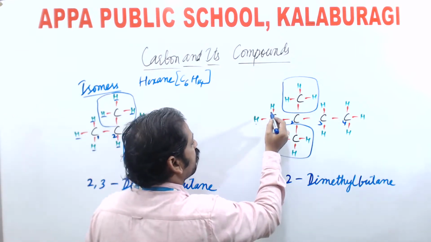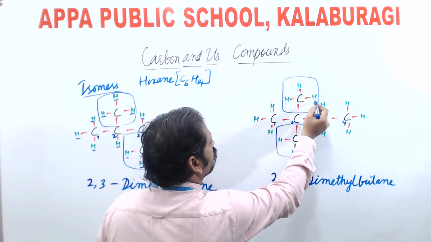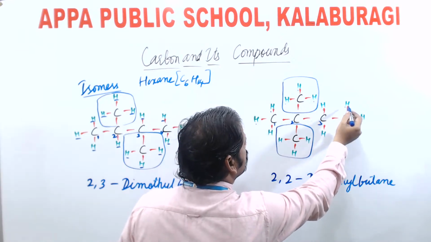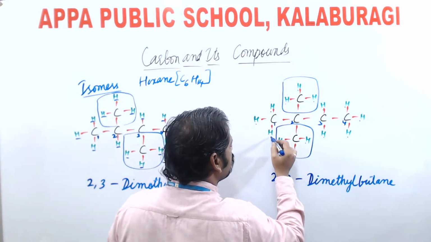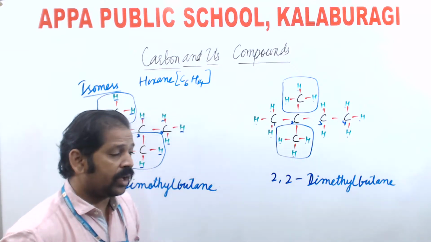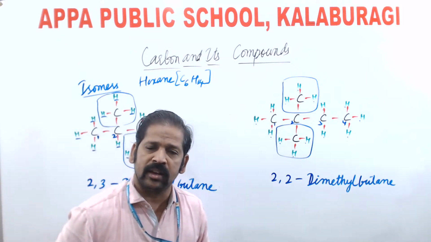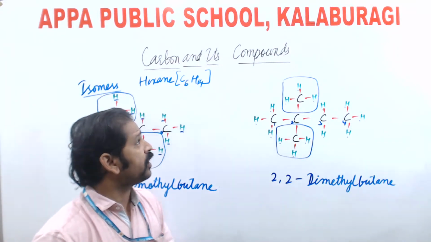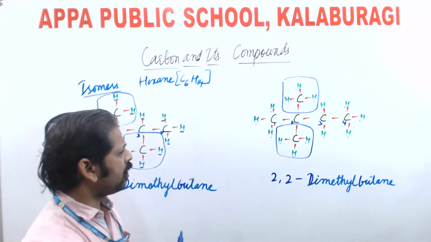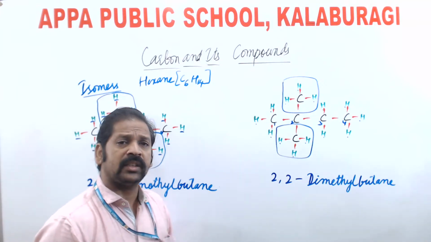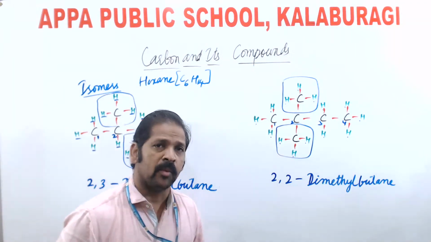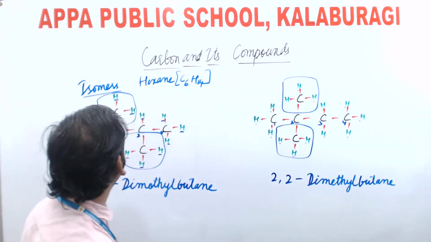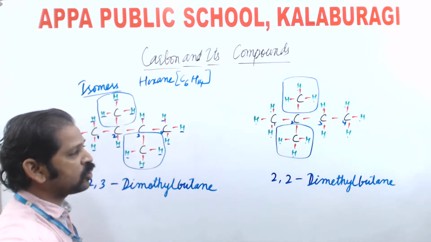Here, 1, 2, 3, 4, 5, 6, 7, 8, 9, 10, 11, 12, 13, 14. Yes, everywhere exactly 14 hydrogens are there. So it is the isomer only. The group of structures are different. Structural formula is different. Molecular formula is same. So it is about the chain isomer.